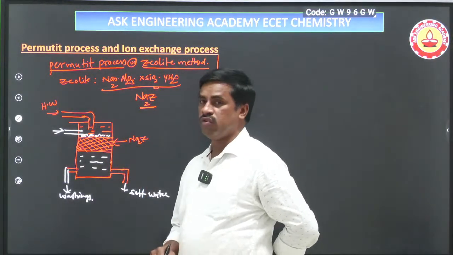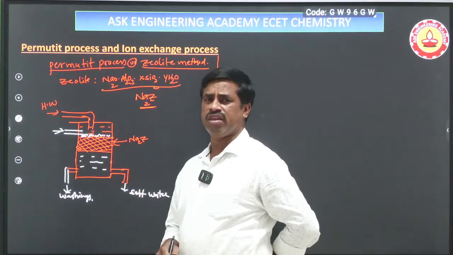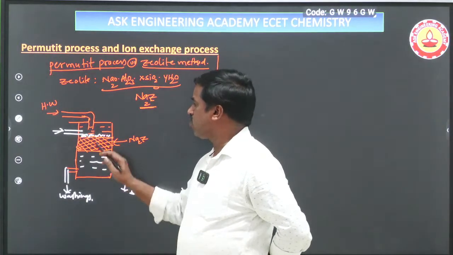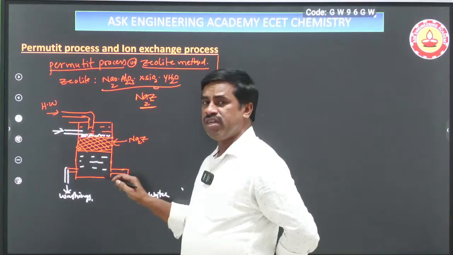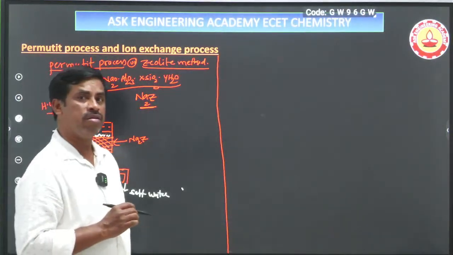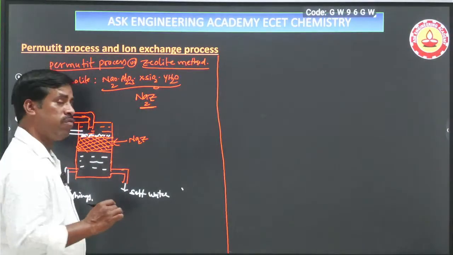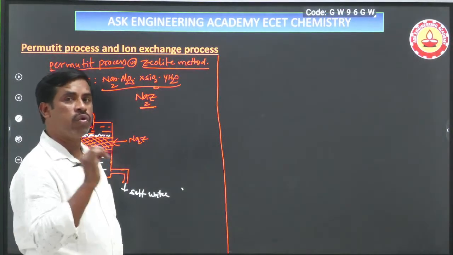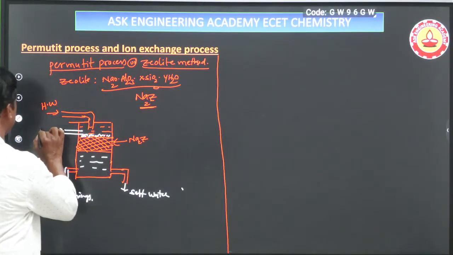Exactly what chemical is used? That question is given many times in the ECET examination. The exhausted zeolite bed is regenerated by the addition of brine solution. What is the chemical formula of brine solution? Sodium chloride.